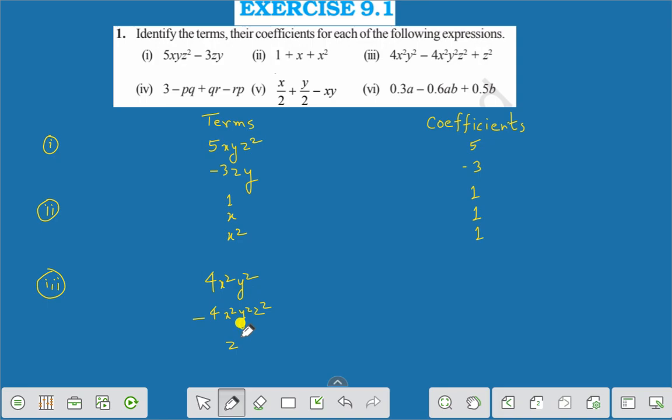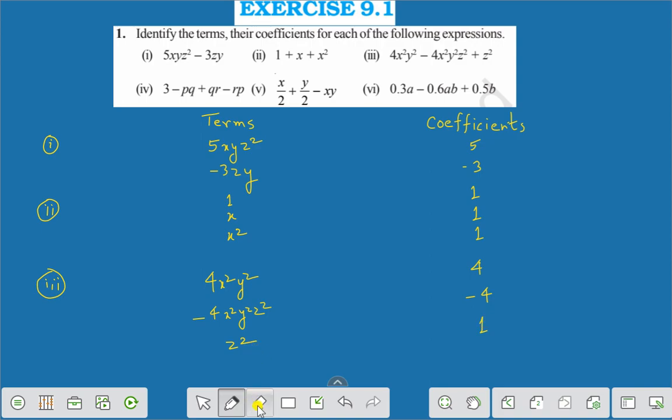Another term is z square. Here you see the coefficient of x square y square is 4. The coefficient of the next term is minus 4, and z square is multiplied with 1, so the coefficient of z square is 1. That is 4, minus 4 and 1.